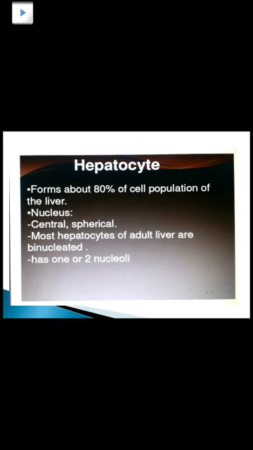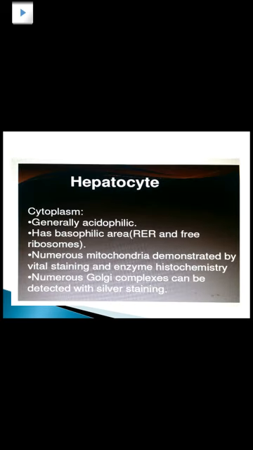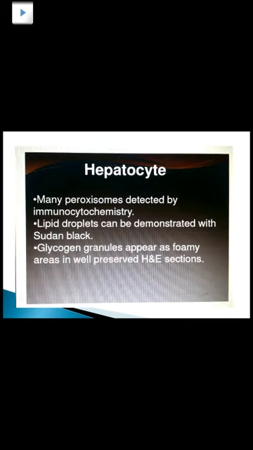The nucleus is a central spherical one. Most hepatocytes of the adult liver are binucleated. See this important finding. Most of you may be aware that it is uninucleate, but most hepatocytes of the adult liver are binucleated. They have one or two nucleoli.